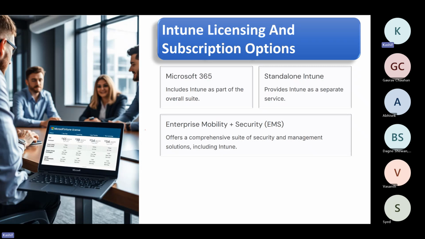Now, Intune is not free. Basically you need to purchase Intune license. So there are few types of license. Either you go with Microsoft 365 suite license, or you can go with this standalone license. This is standalone standard license, or enterprise mobility plus security. So this is also one of the options. So there are three options.